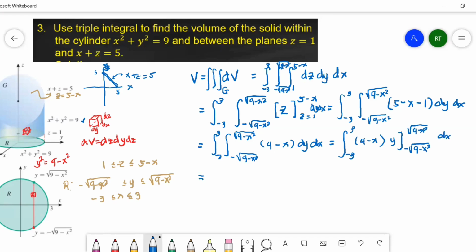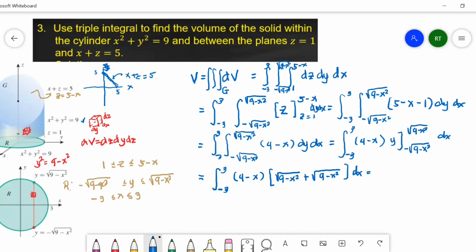Hence, that gives us the integral from negative 3 to 3 of the quantity 4 minus x times: when y is equal to the upper limit, we get square root of 9 minus x squared, then minus the value of y at the lower limit, negative, so negative gives us positive square root of 9 minus x squared, times the differential of x.